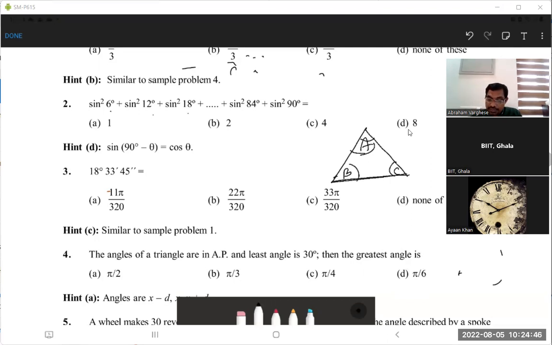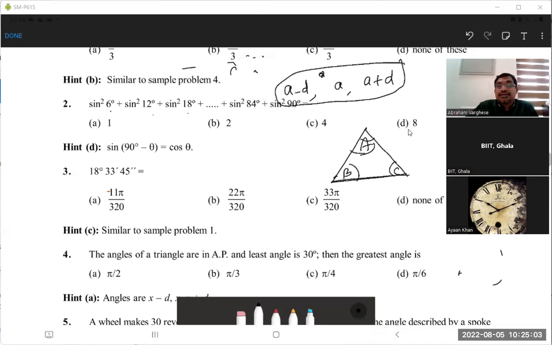This is one thing. If they are in AP, what is the meaning? Three terms are in AP. How can you take? First term you can take as a minus d, second a, third a plus d. You studied in 10th standard, three consecutive terms in AP, either you can take a minus d, a, a plus d, or a, a plus d, a plus 2d.